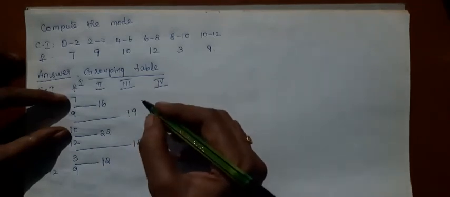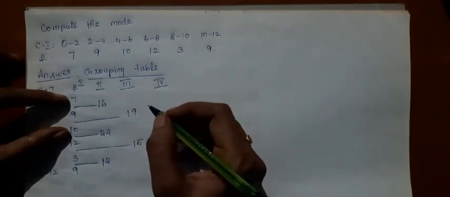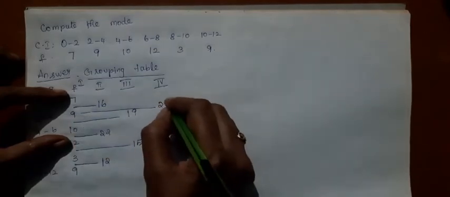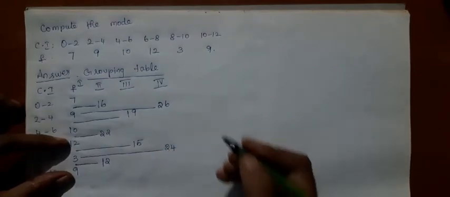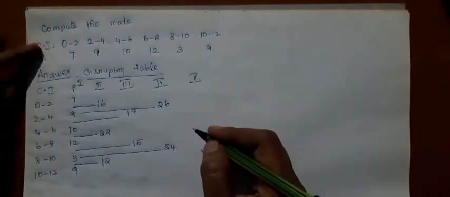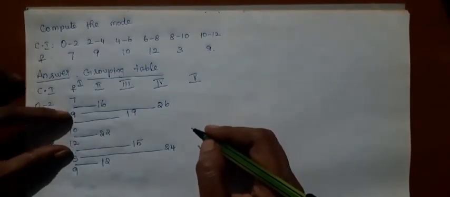Then you should group the values in threes 3 times. For these 3 values, this is the center. The total is 26. Here the total is 24. Then in the fifth column, leave the first value and group the values in threes, right?